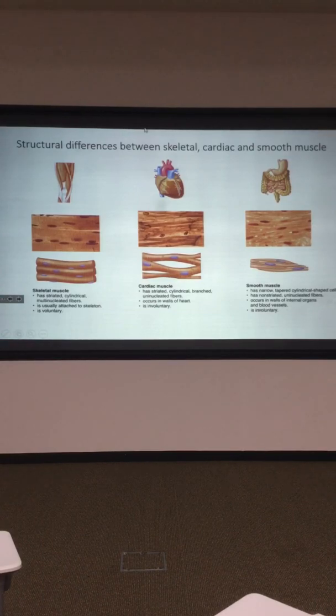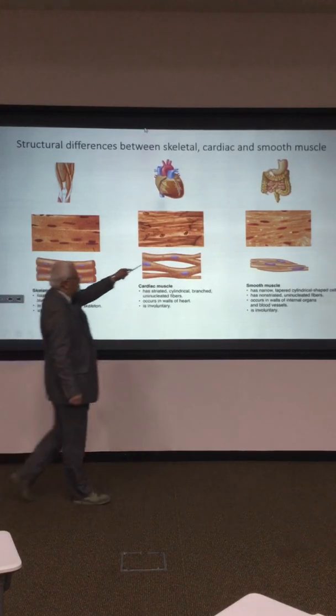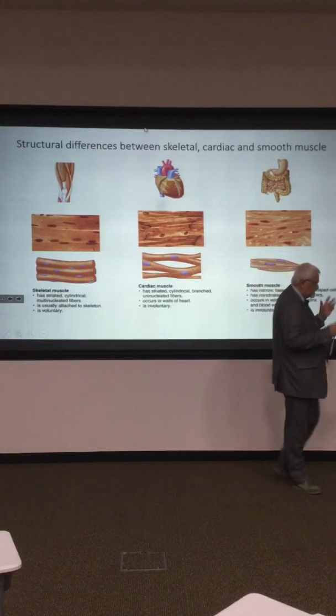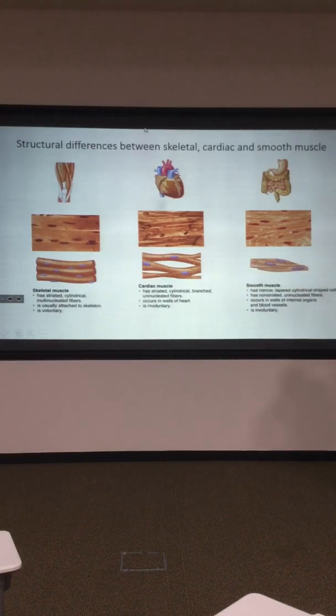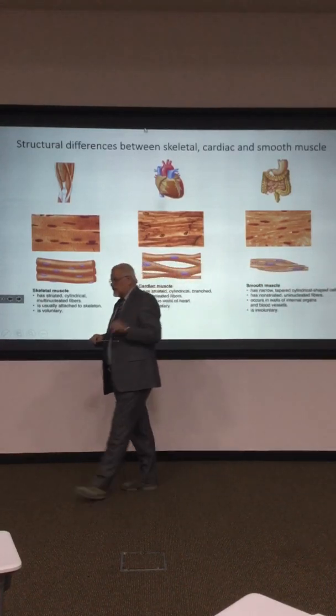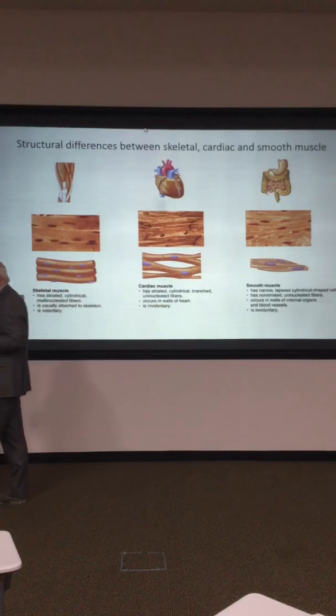So for example, I put the GI tract here, and every single region of the GI tract, colon, intestine, stomach, has the same structure of the wall, a muscular structure composed of two layers, circular and longitudinal.